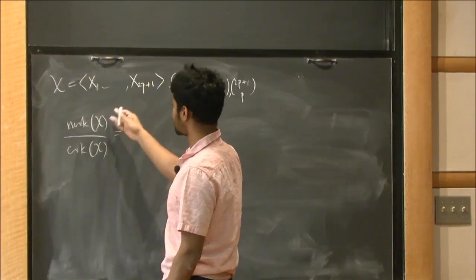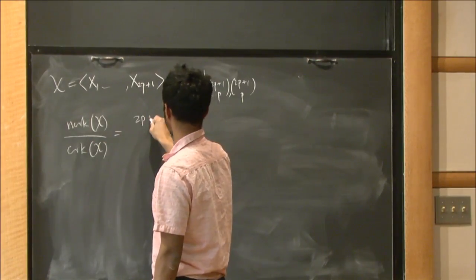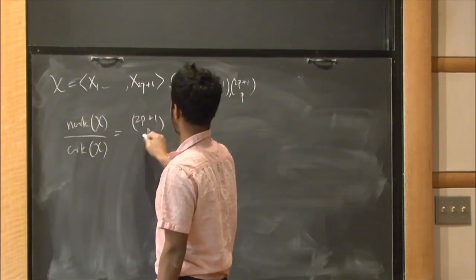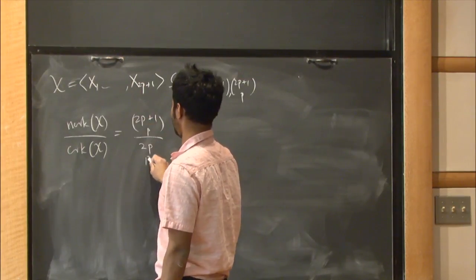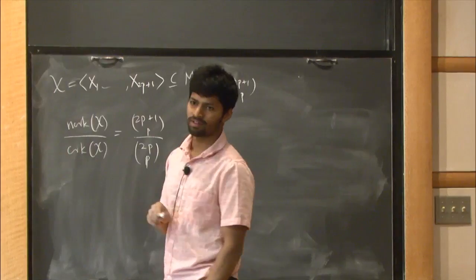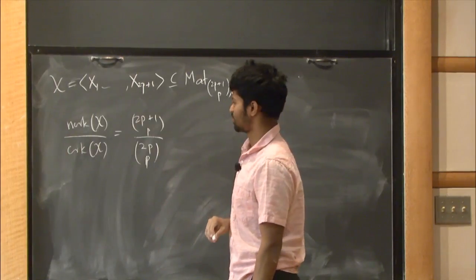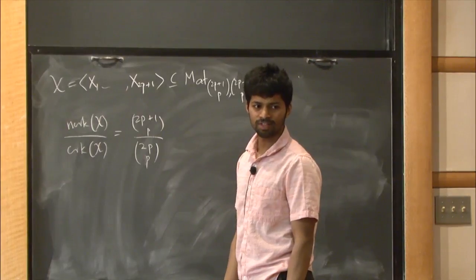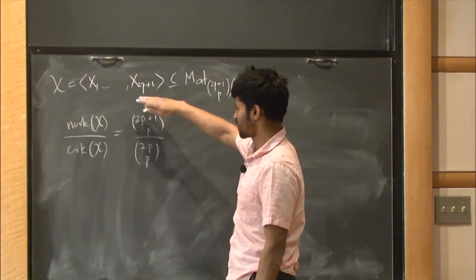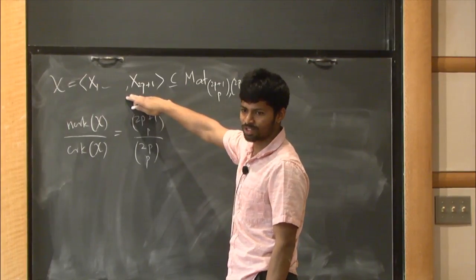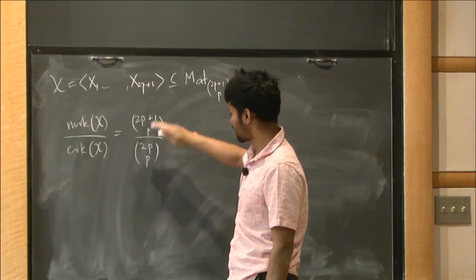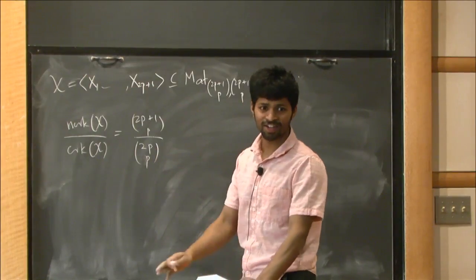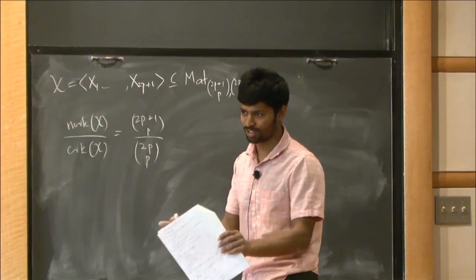The non-commutative rank is full, that's the first claim. The commutative rank is 2p choose p, which is equal to the rank of every non-zero matrix in this linear subspace. One of the claims is that every non-zero matrix in this linear subspace has the same rank, and that rank is equal to this. That already tells you there's a symmetry somewhere, and therefore you should expect a group somewhere.